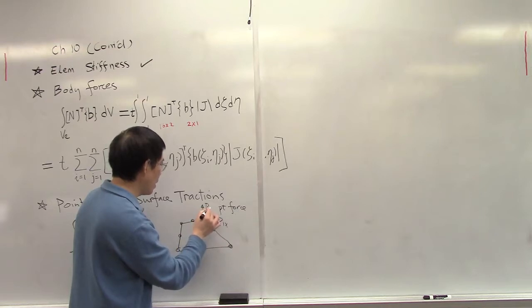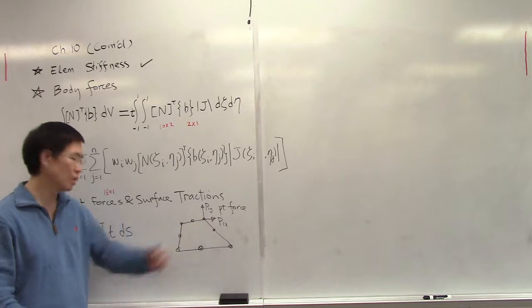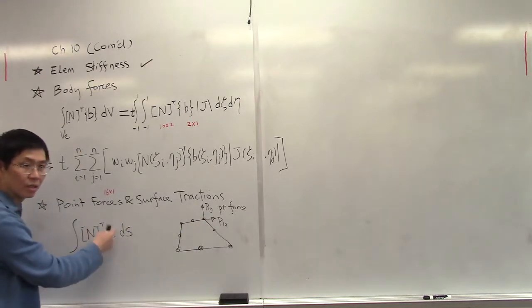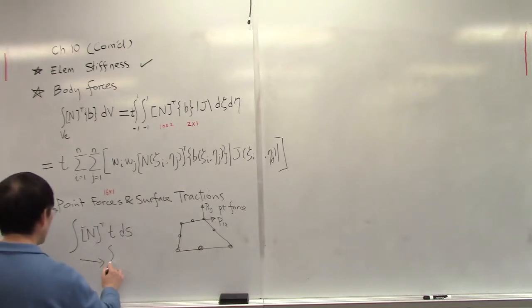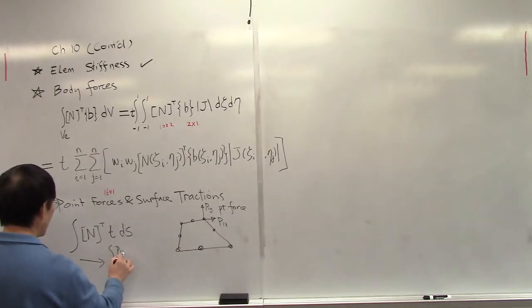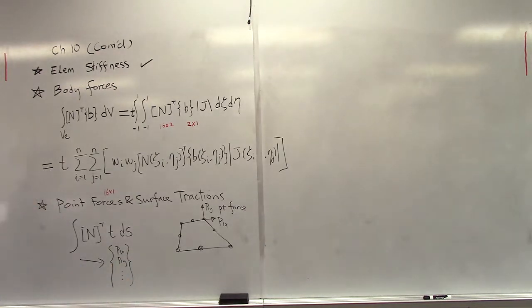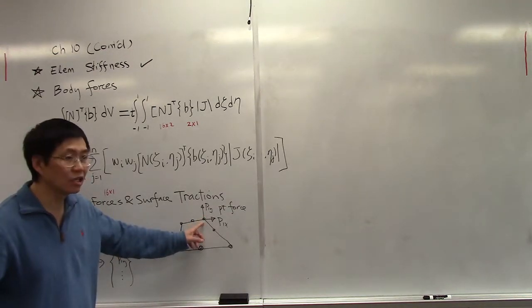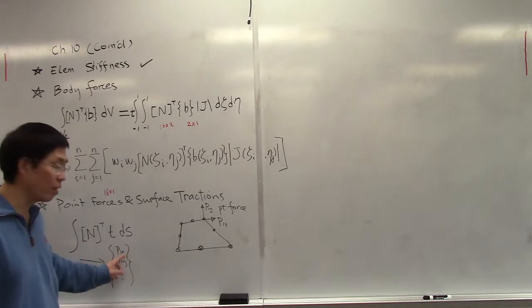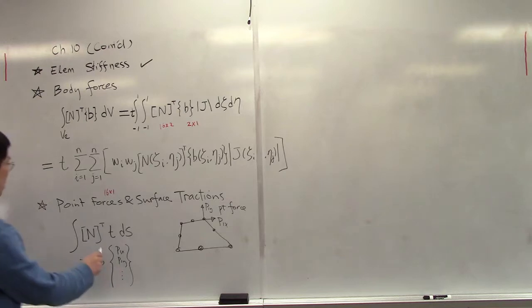Here we have P1y, and these are point forces on this applied load. The integration at the end will give just P1x, P1y, like that. So you don't have to do the integration actually. You just put the point forces at each node in its corresponding nodal position. Okay? That's how to handle the point force.